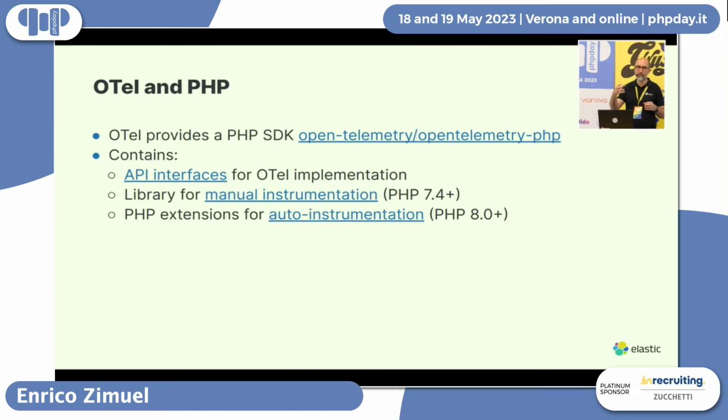So they introduce a way to basically intercept the execution of each function inside the engine of PHP. Very interesting. If you're not familiar with this, it's zend_observer, the new API they introduce. And you can use this API to basically inject your code at runtime. So they use this new feature of PHP 8 to build this auto instrumentation.